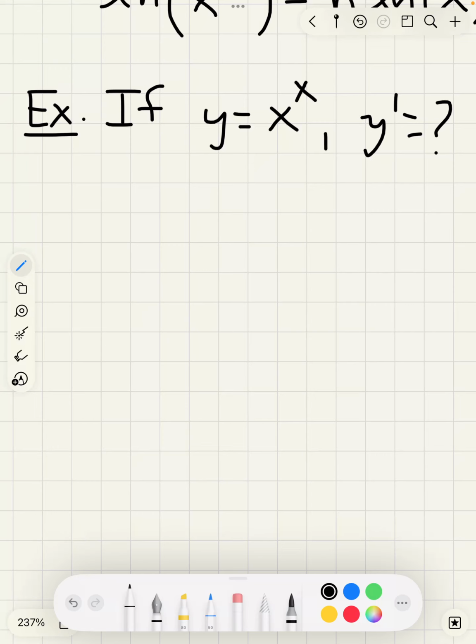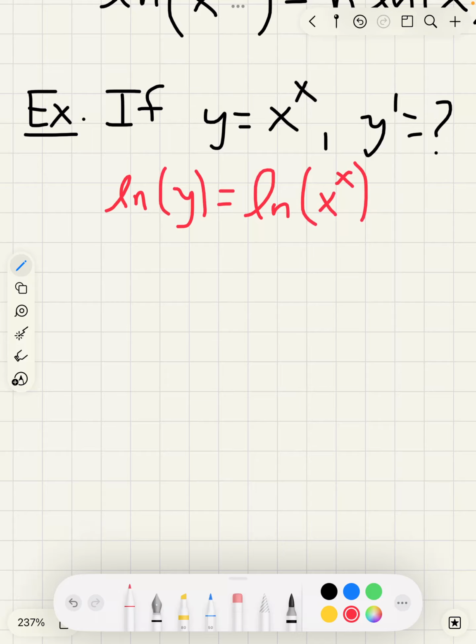So I'm going to start by taking the natural log, or I could use any base of logarithm I want, I normally use natural log, of both sides of the equation. And the reason that's helpful is because of that log property that we talked about way back, right?